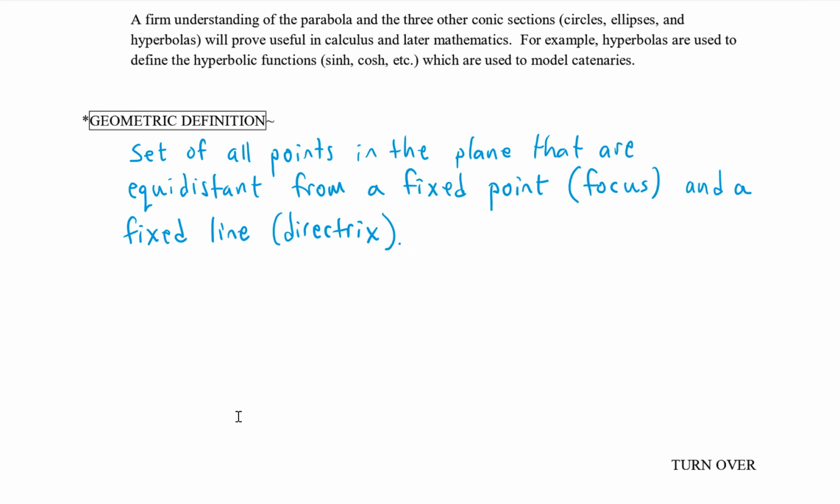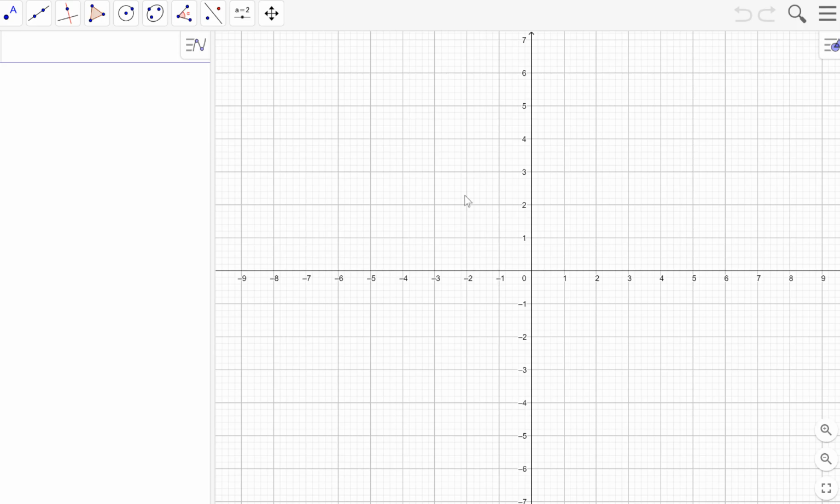So let's go take a look at this idea of picking a focus and a directrix. So I'm going to have GeoGebra plot a point. I'm just going to pick a point here. So I'm going to have that be my fixed point, the focus, and then I'm going to have it draw a line.